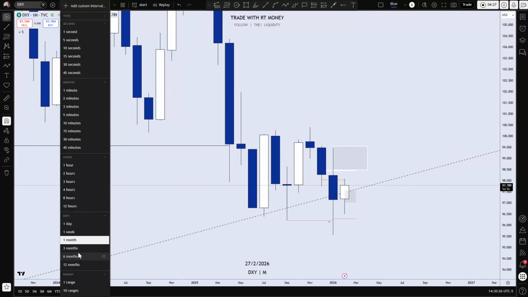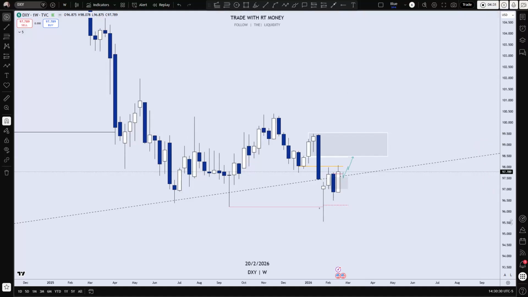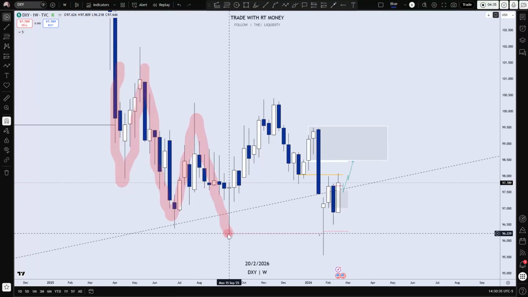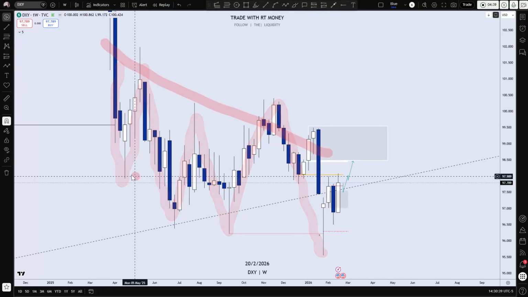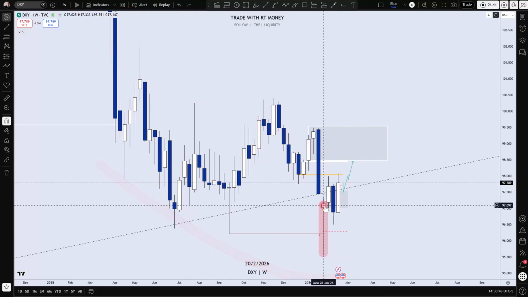Also, if we go to the weekly, what do we see? I want you to see that the market has been making lower high, lower low, lower high, lower low, lower high, lower low. This has all been bearish up until this market closed this week. And look at the date, January 26th, right?